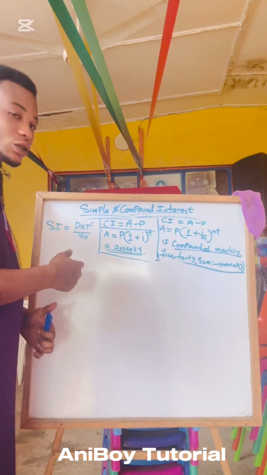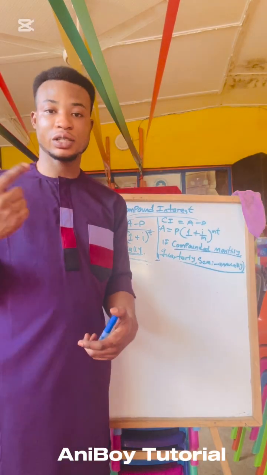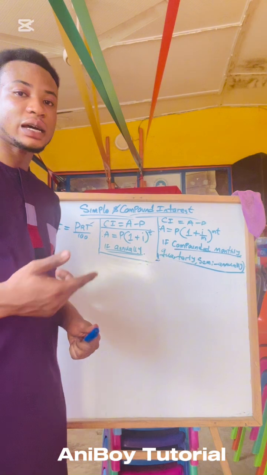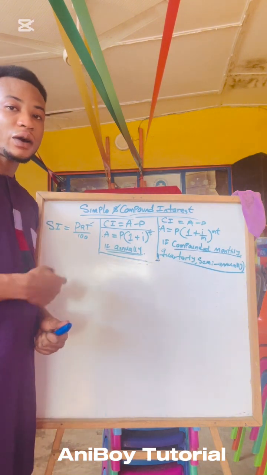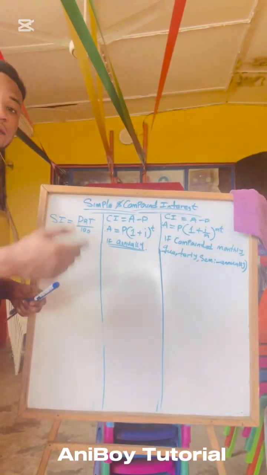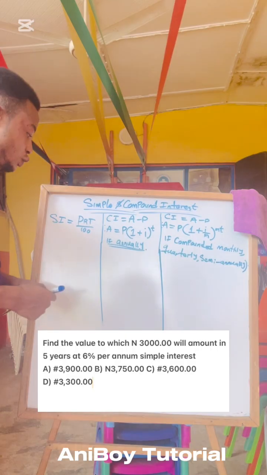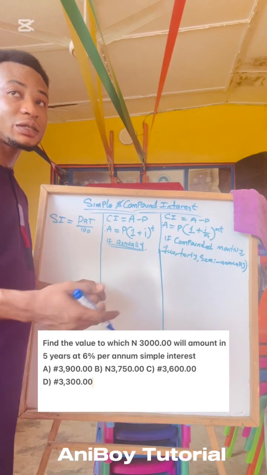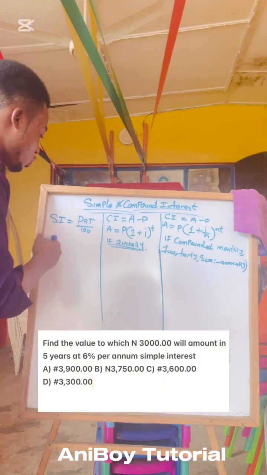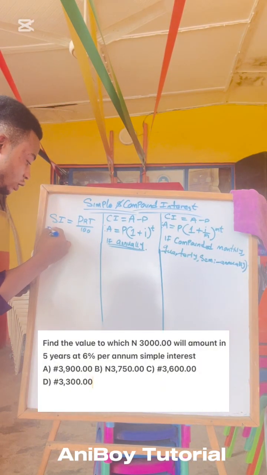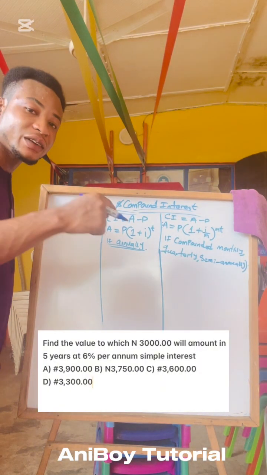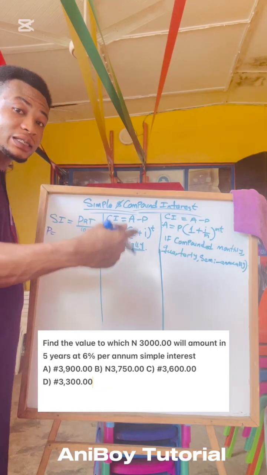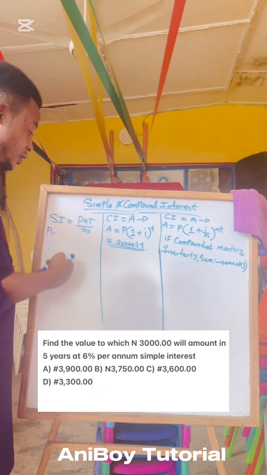So I'm going to post the example on the screen so we can see it and also follow with the calculation. We say that find the value to which 3,000 naira will amount in 5 years at a rate of 6% per annum simple interest. So our principal, which is the P, the amount invested. So that's our principal.